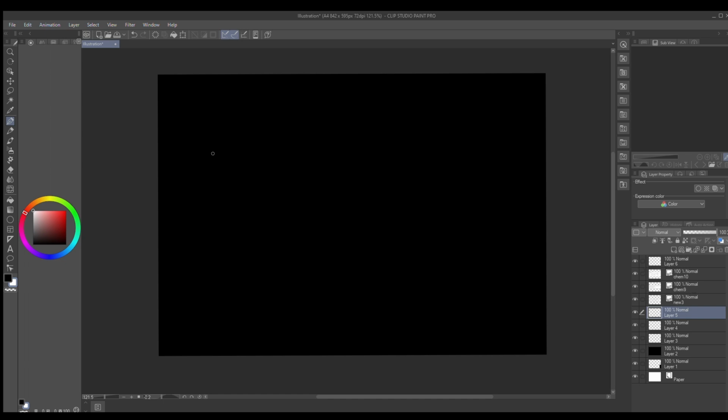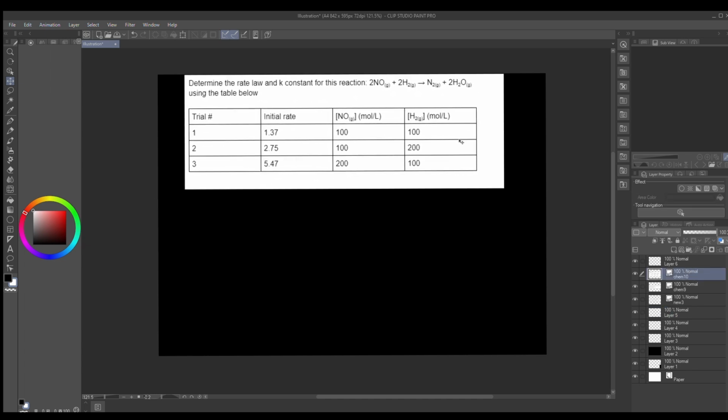There's also another big thing called collision theory, where more collisions affect rate of reaction, where more collisions equal faster rate of reaction, but we're not really going to get into that today. And so now let's go over a practice problem for rate law.